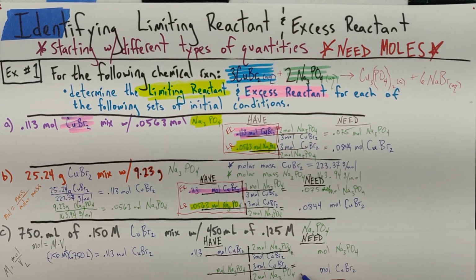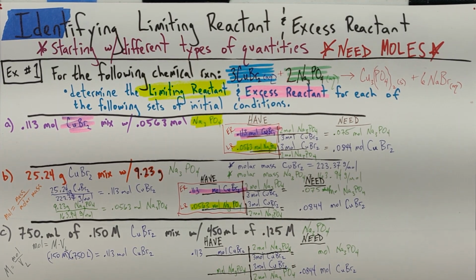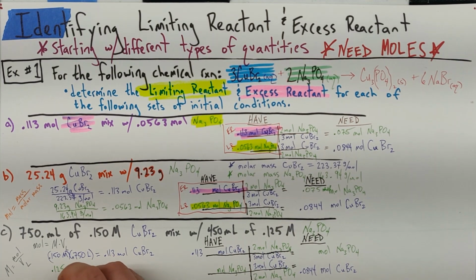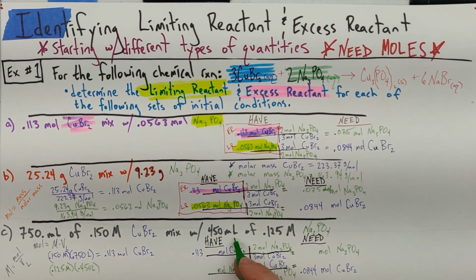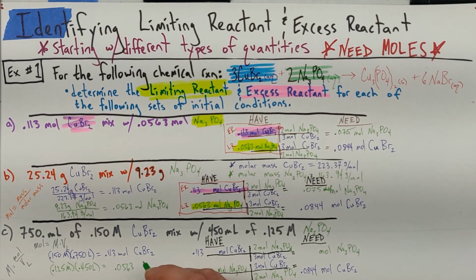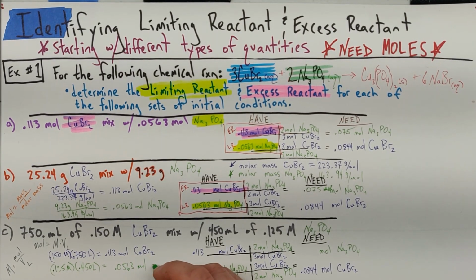And just while I have the blue pen out, 0.0844. As you look at the sodium phosphate, we have 450 milliliters, 0.125 molar. And again, turning milliliters into liters, it ends up 0.0563 moles of sodium phosphate.